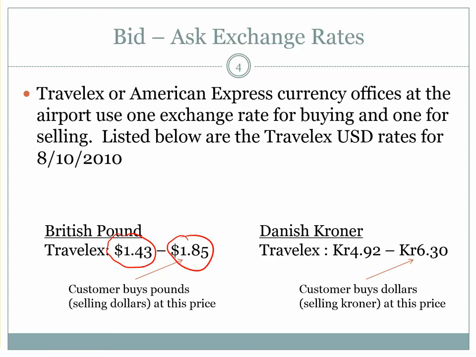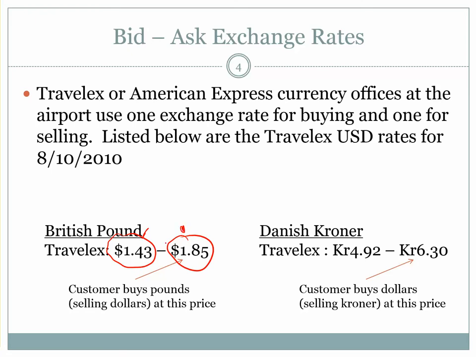What that means is if you would like to buy pounds, you would pay $1.85. And then if you have some pounds left over at the end of your trip and you want to sell them back, you'll get 1.43. So you can think of the currency offices as making a spread, the difference between what they buy the pounds for and what they sell the pounds for.